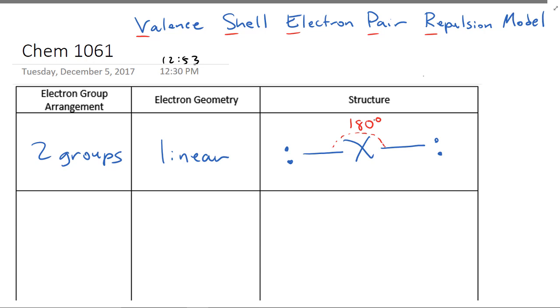So I'll take a third balloon, which represents a third pair of electrons, and tie it in to add it to the group. Then I'm going to shake these balloons up a bit, to get them to arrange themselves as far apart from each other as possible.